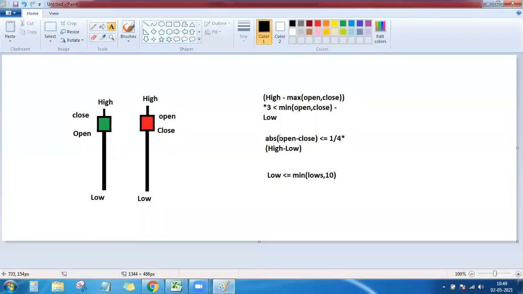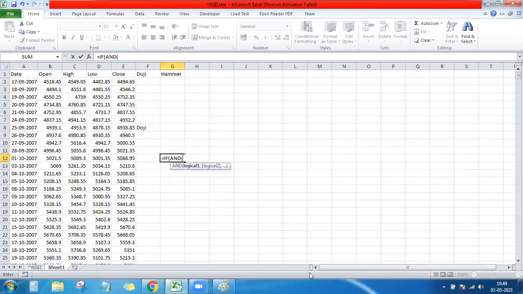First, making sure that the real body is at the top end, the upper shadow is small and the lower shadow is a large one. So high minus, what is high over here? This one. High minus maximum of open, comma, close, one more bracket.